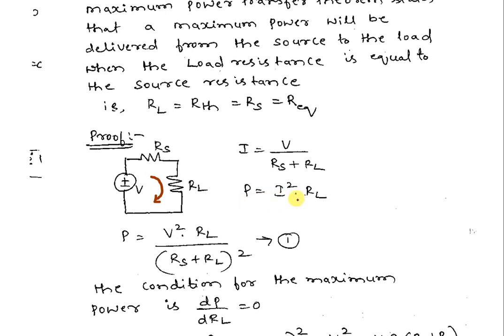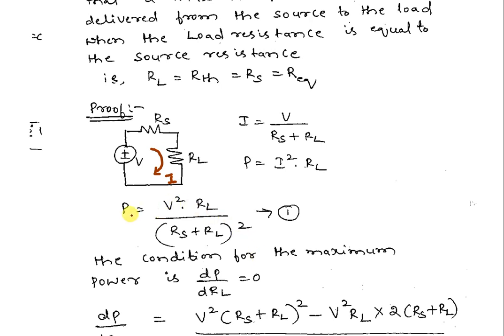Substitute the value of I here: in this simple circuit, I is voltage divided by RS plus RL. So power is V square by (RS plus RL) whole square, this is the I square value, into RL.